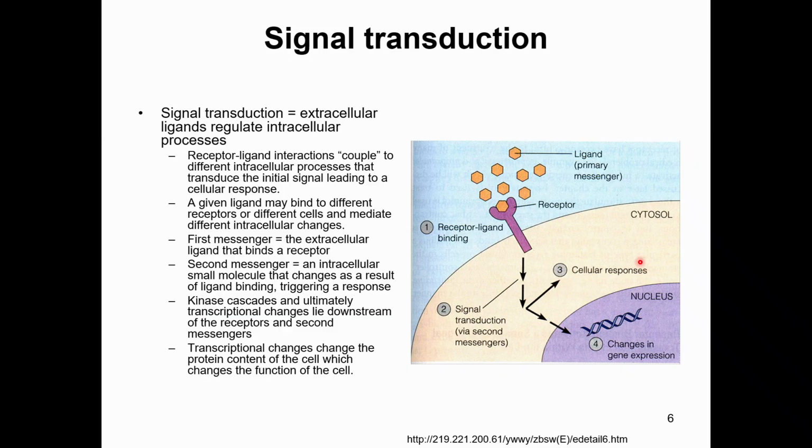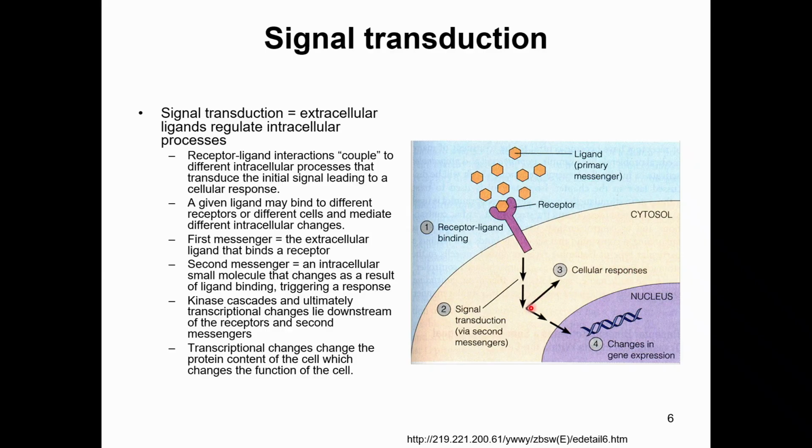You can have cellular responses that occur, and that oftentimes happens in the cytoplasm. Maybe you open or close channels, or you change the transport of some protein across different organelles. And so you can have kind of very quick early responses, which we'd call cellular responses in this diagram.